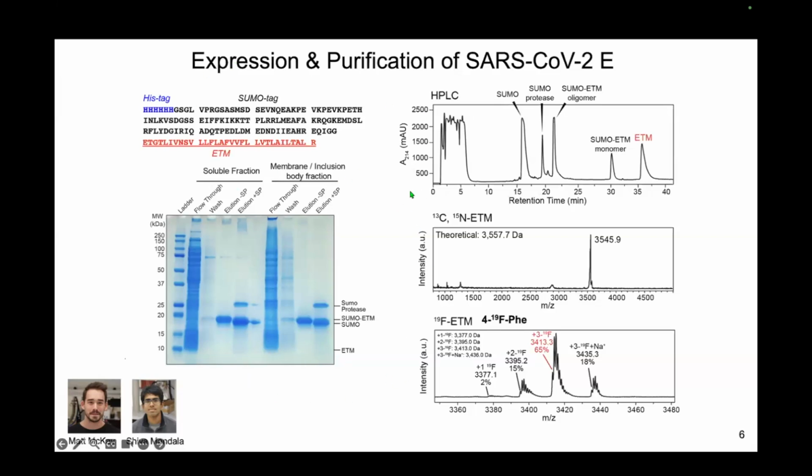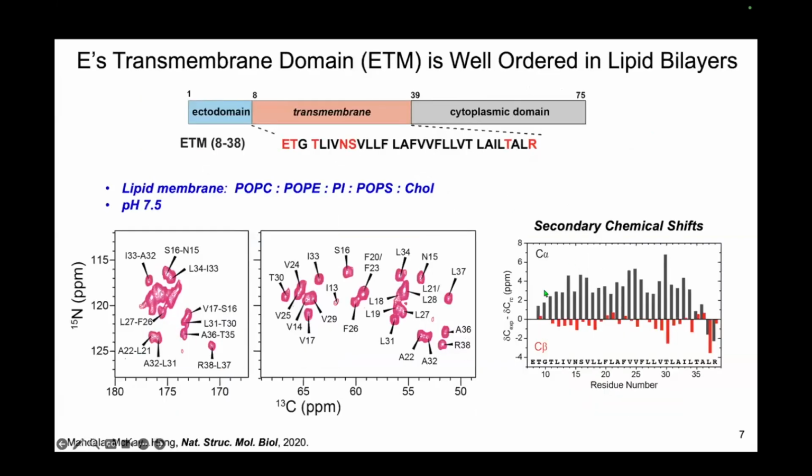Then we cleave the SUMO tag and purify everything by HPLC, and so we get reasonable yield to do our spectroscopy. With solid-state NMR, what's really nice is that we can incorporate the protein of interest into lipid membranes that actually mimic the composition of the biologically relevant membrane.